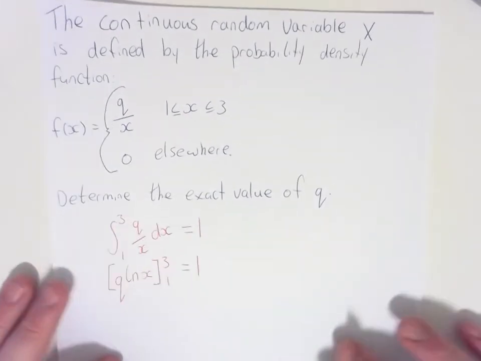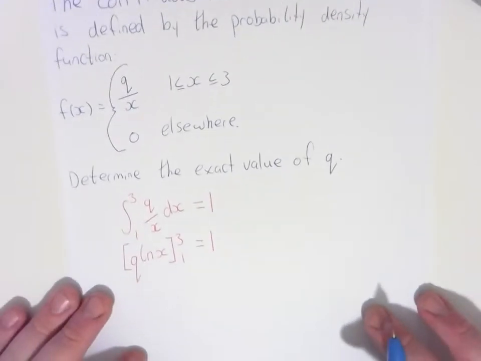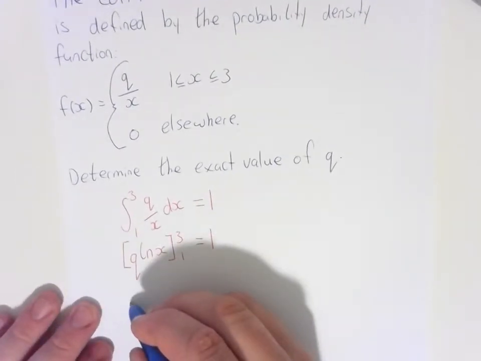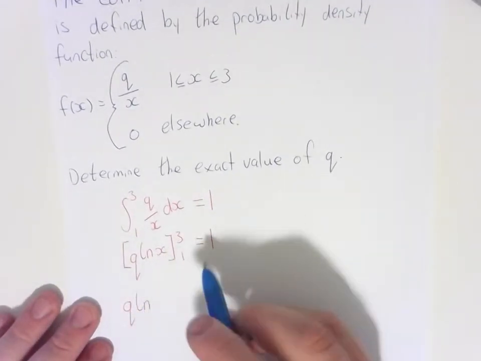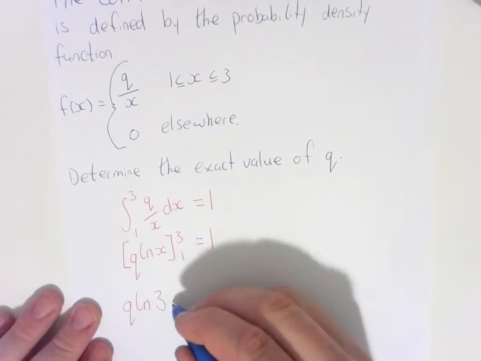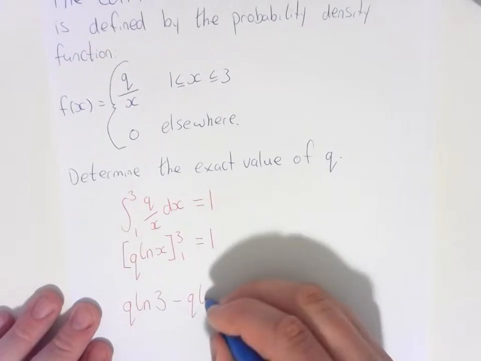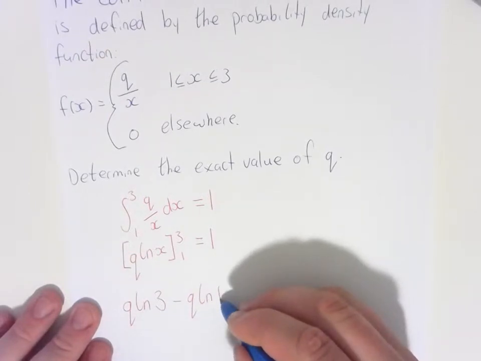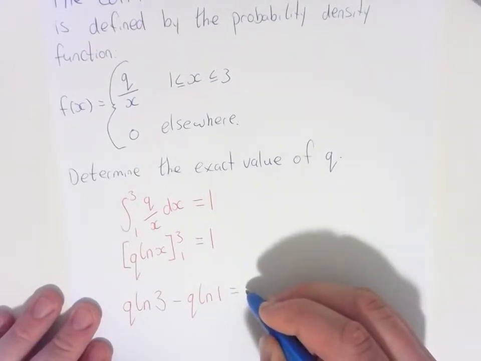If I substitute in those values, I end up getting q ln of 3 subtract q ln of 1 equal to 1.